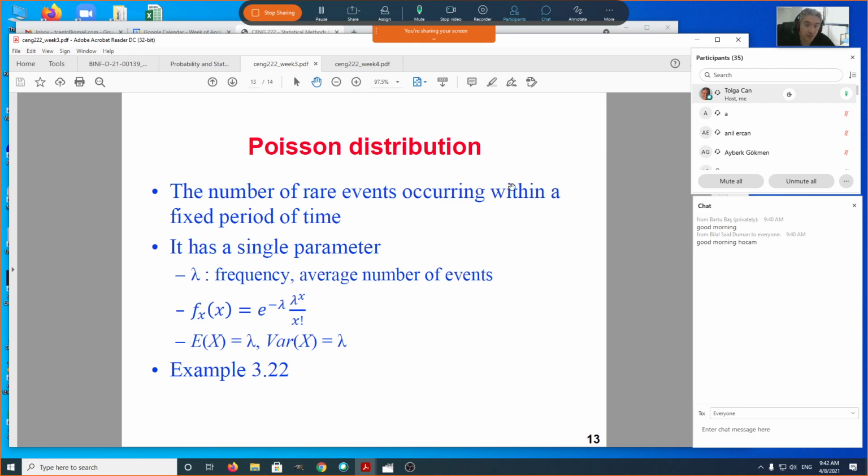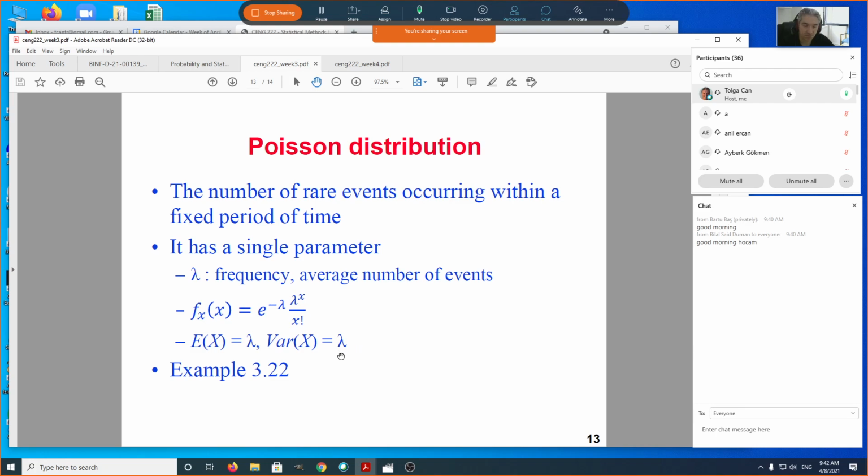Like exponential distribution is closely related to Poisson distribution, and the parameter that we're going to see, this lambda, has the same meaning in both Poisson and the exponential distribution. The average number of events that occur in a fixed time interval.